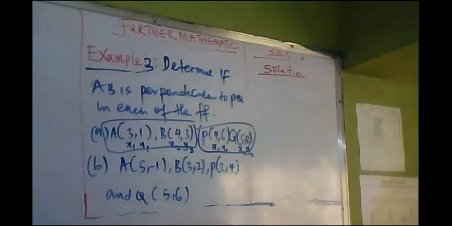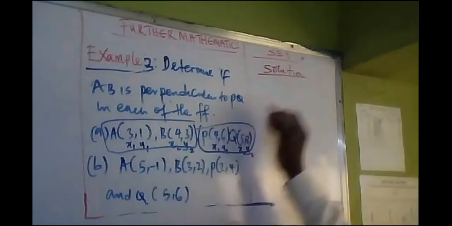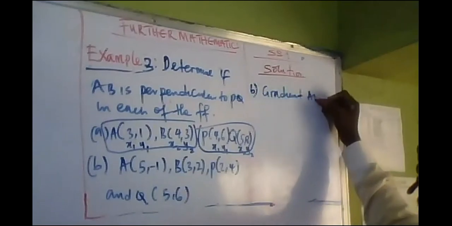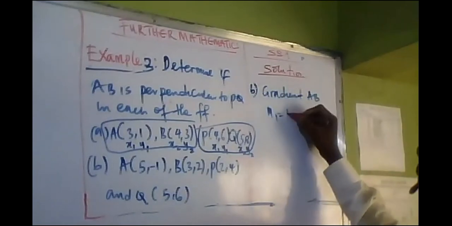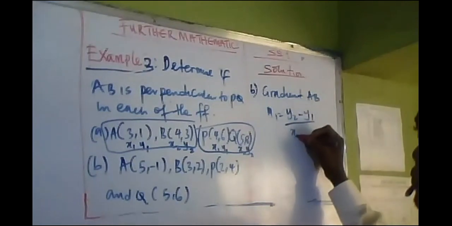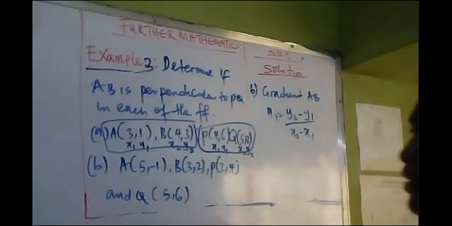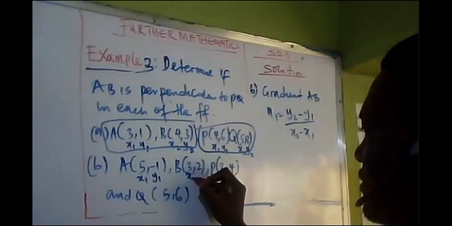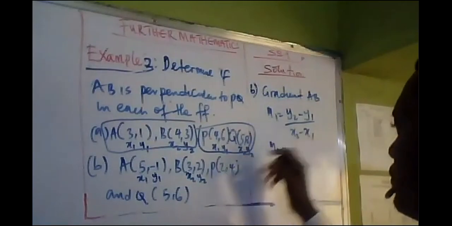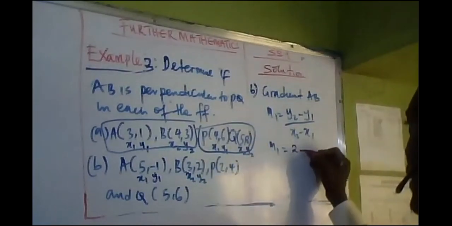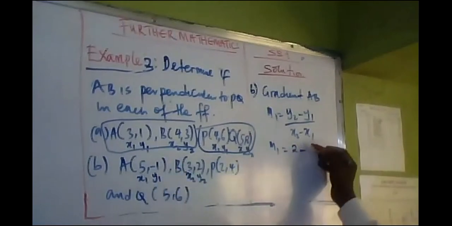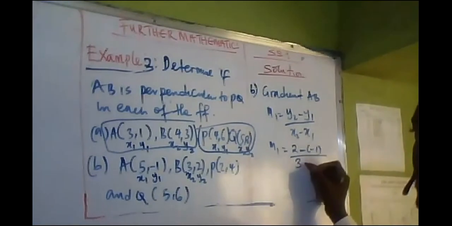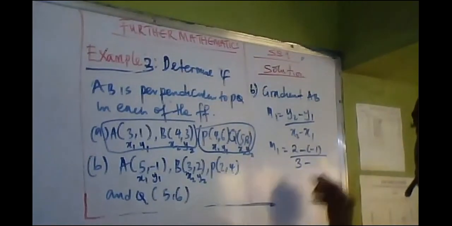So how do we know whether they are perpendicular? For B, the gradient of AB, M1, is equal to y2 minus y1 over x2 minus x1. So this is my x1, y1, x2, y2. y2 is 2 minus y1, which is minus 1, over x2, which is 3, minus x1, which is 5.